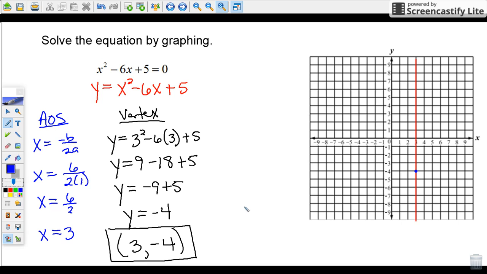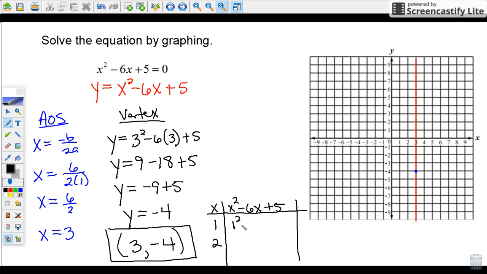There's my vertex. Now I need 2 points either on the left or on the right. I'm going to go to the left because I can use 2 and 1. I'm going to make a little mini table of values here. I'm going to use 1 and 2 for my x values. I'm going to plug in my equation.